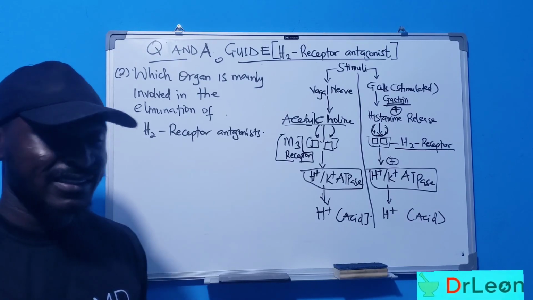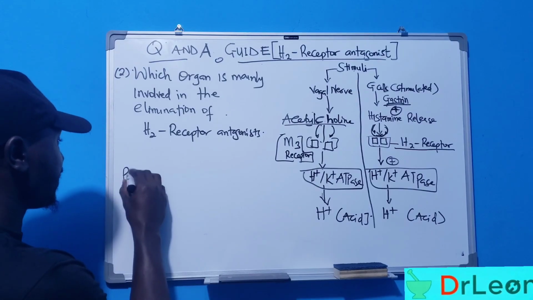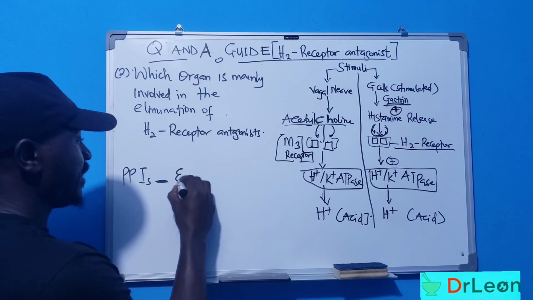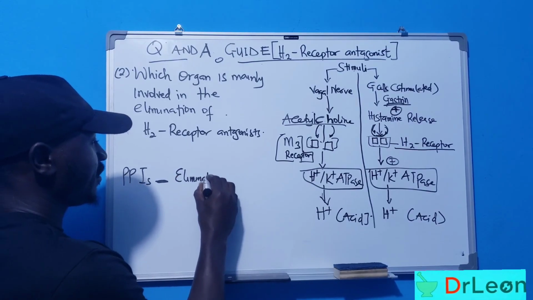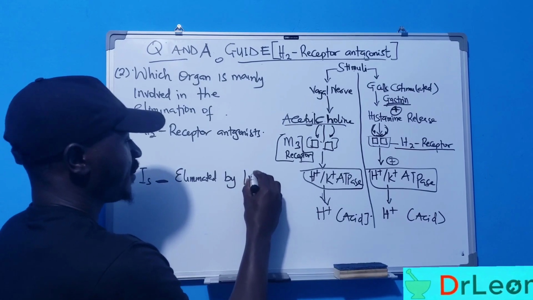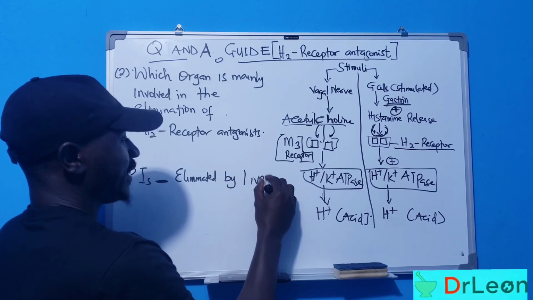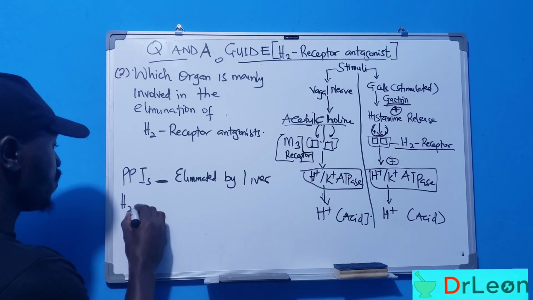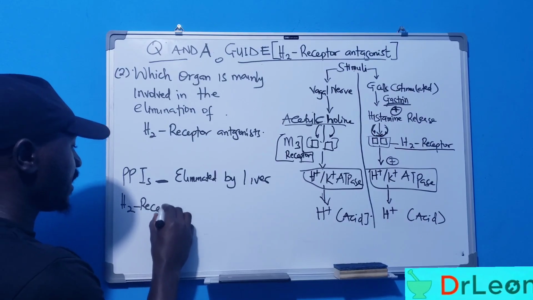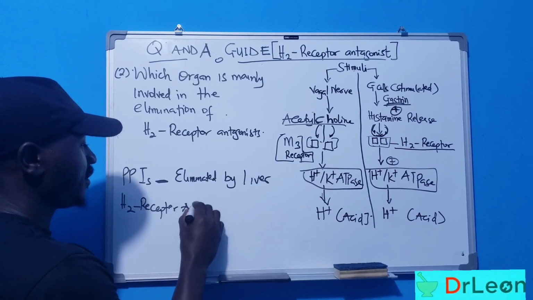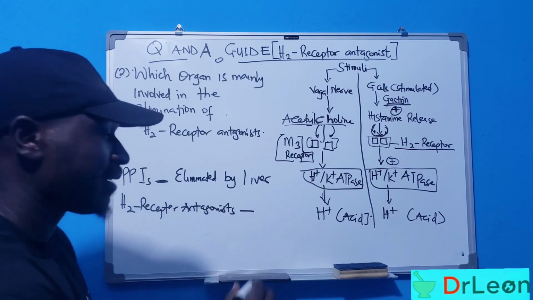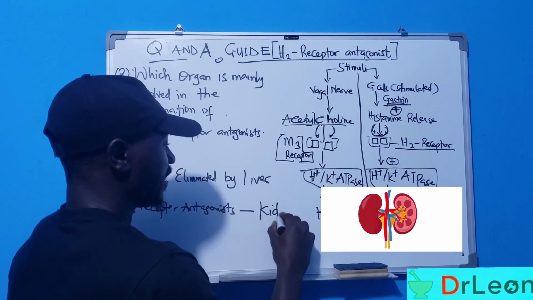With PPIs, if you remember, we said the elimination is by the liver. That's with PPIs, proton pump inhibitors. But with the H2 receptor antagonists, elimination is rather by what? The kidney.